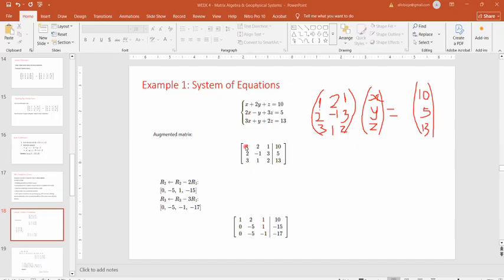When we multiply row 1 by 3, this becomes 3, 6, 3. So when you now subtract, you have 3 minus 3, and this row 3 becomes 0. Then 6 minus 1.